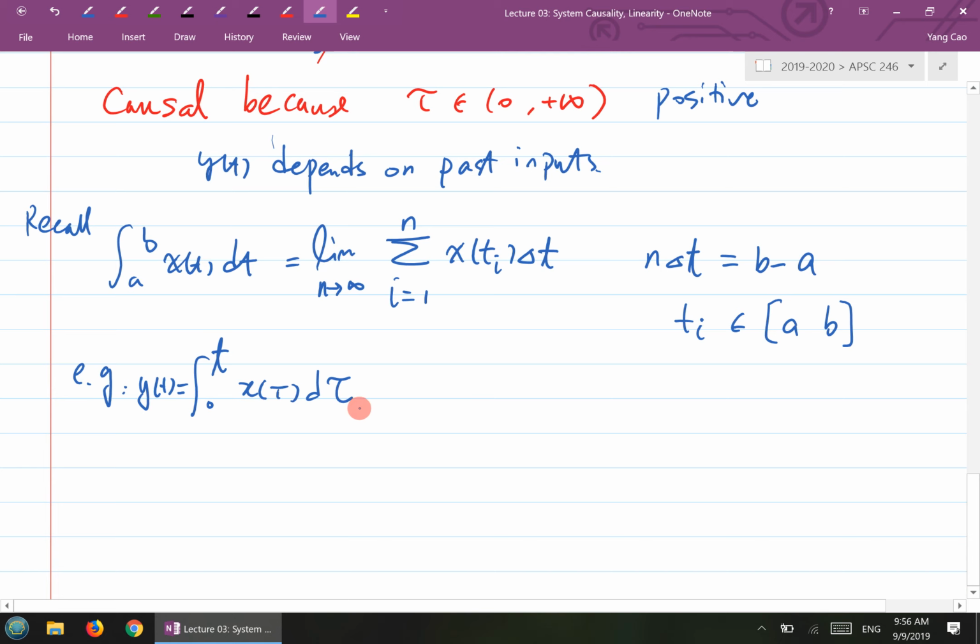So for this system, what do you think, is it causal or non-causal? Maybe use what is listed here to help you understand. Right?